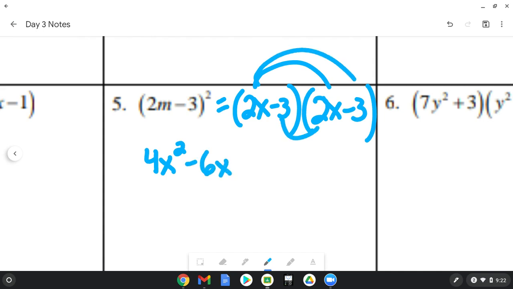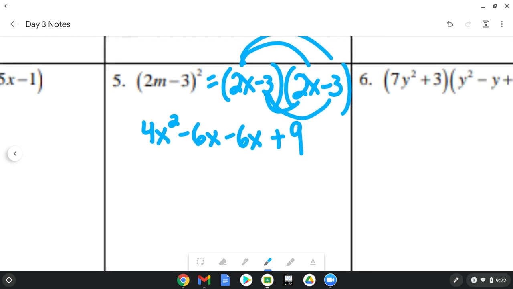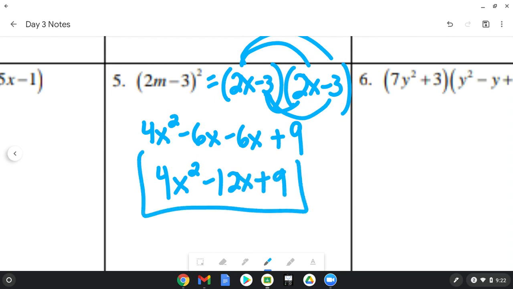The second by the first would give me negative 6x. And the second by the second is negative 3 times negative 3, and that's plus 9. The middle terms there, when you add them together, will give us negative 12x. So this would be my final answer if you multiply those two binomials. So whenever you see something squared, you got to write it twice and then multiply.